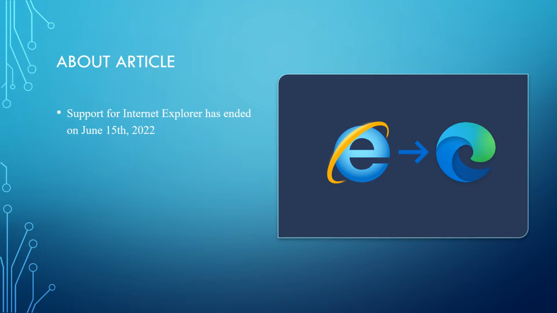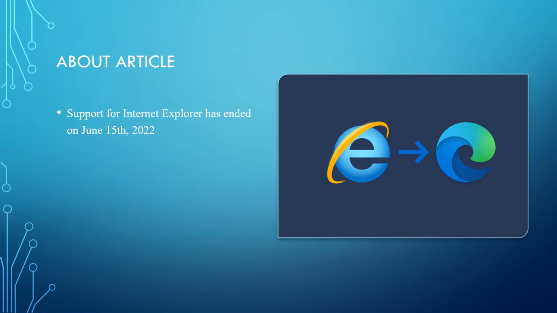And Edge incorporates a service called IE Mode to preserve access to old websites built for Internet Explorer. Microsoft says it will still support IE's underlying browser engine known as MSHTML, and it has its eye on versions of Windows still used in critical environments.